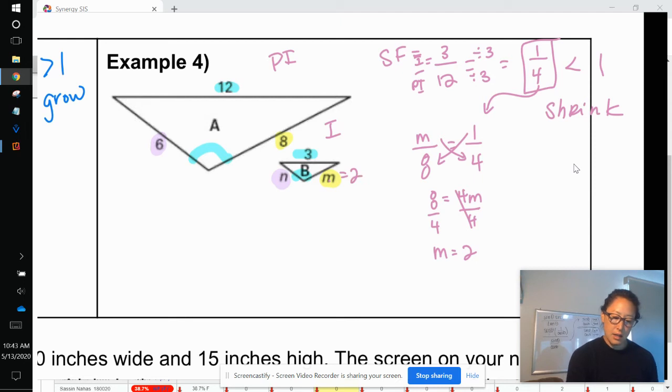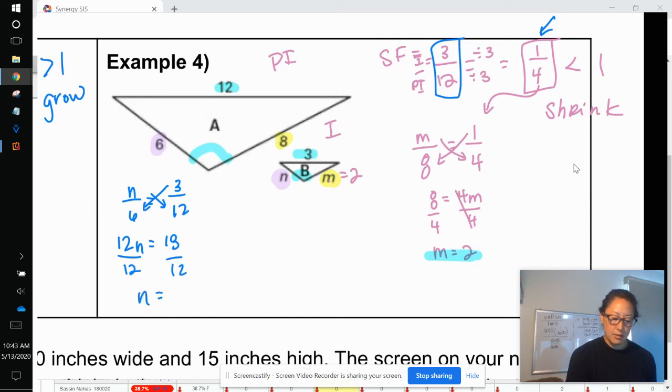And then I'm going to make that blue. And then next up is n over 6 in the purple. You don't have to use the reduced scale factor. You can use the one that we used earlier, 3 over 12. Okay, cross multiply, giving me 12n is equal to 6 times 3, which is 18. I divide by 12, so n is equal to 18 over 12.